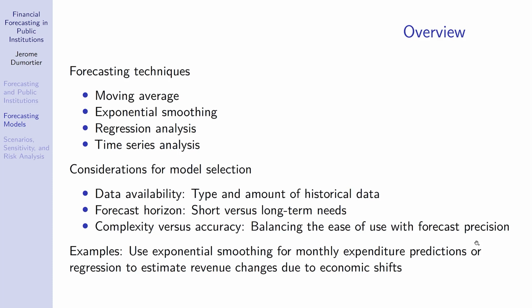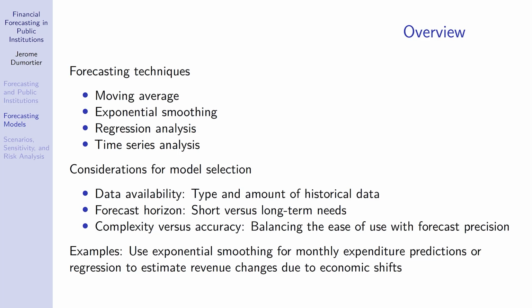The considerations for which type of model or forecasting technique is used really depend on three things. It depends on the data availability, so what is the type and the amount of historical data that you have. It depends on the forecast horizon, like the short-term versus the long-term needs.